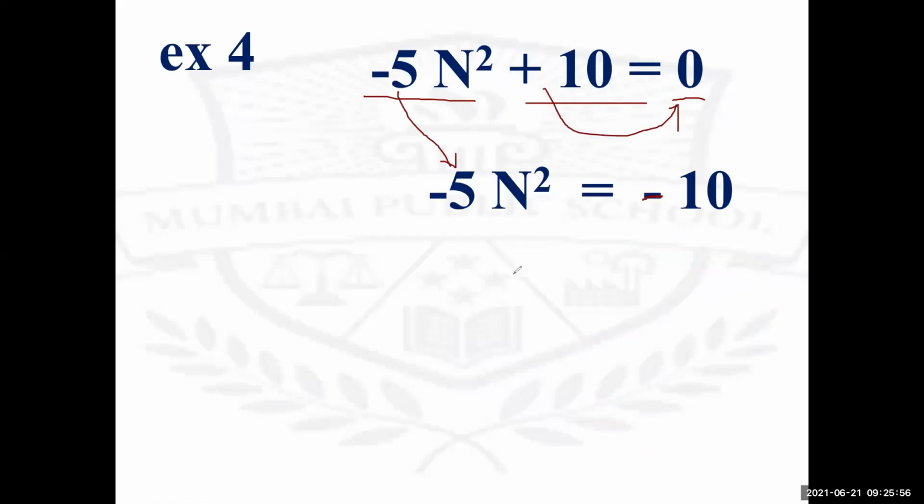So n square equals minus 10 upon minus 5, because a multiplying term becomes a divisor on the other side. Minus minus gets cancelled, and 10 upon 5 is 2. Is this understood, beta? Yes, sir.